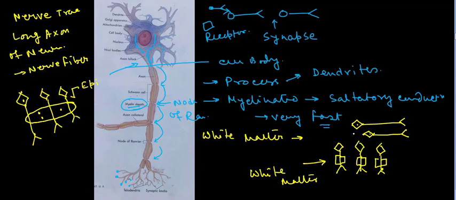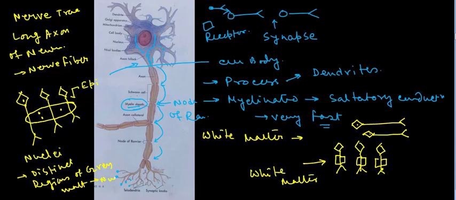Distinct regions of the gray matter within the central nervous system are called nuclei. This is another important term, and sometimes you become confused about what the nuclei are. So distinct regions of gray matter form the nuclei, right?